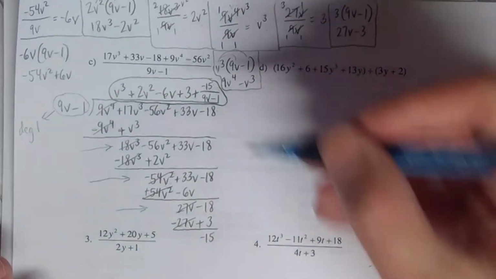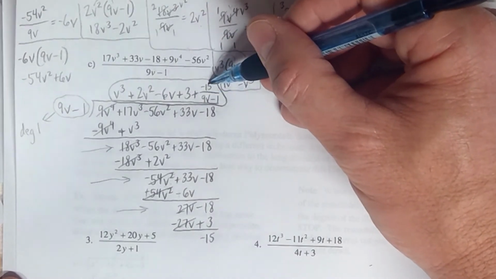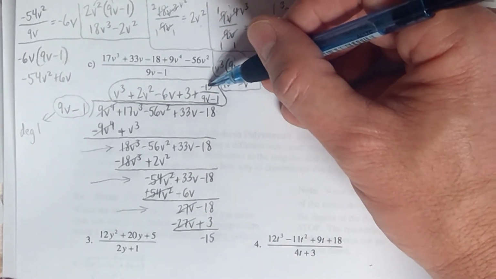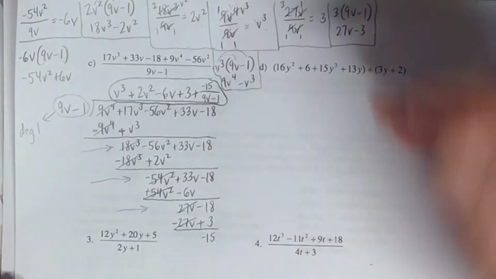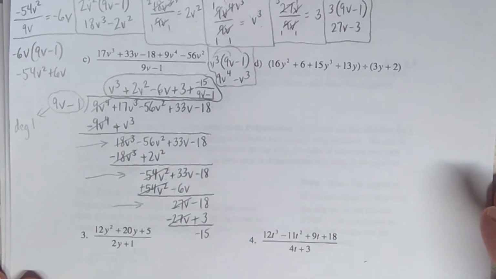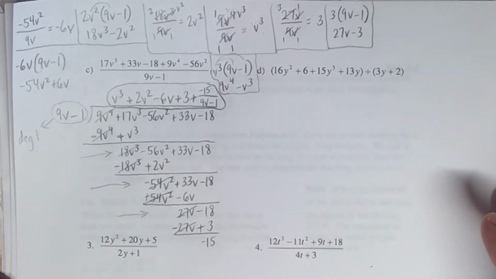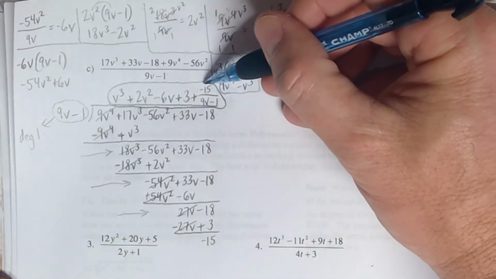Can you change this to minus positive 15? Yes, you can. You could say minus here, just so long as you change this to positive 15. That's okay to do. You don't have to, so if you're not sure about it, don't do it. But yes, you can do that. I know some of you are probably thinking that right now. But you can only do that if there's a single term down here.